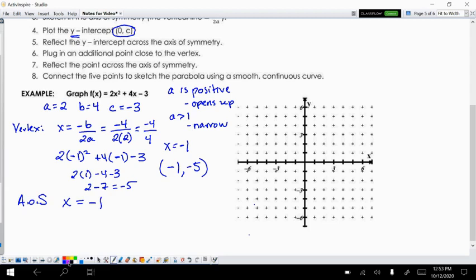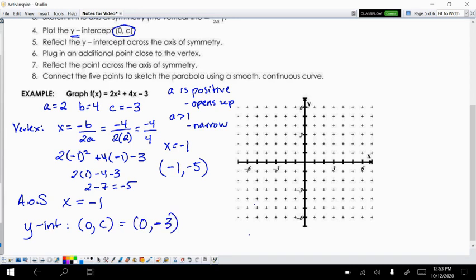The last thing we can know and automatically graph is our y-intercept. Our y-intercept is 0, c, so ours would be 0, -3. So let's plot what we have so far.